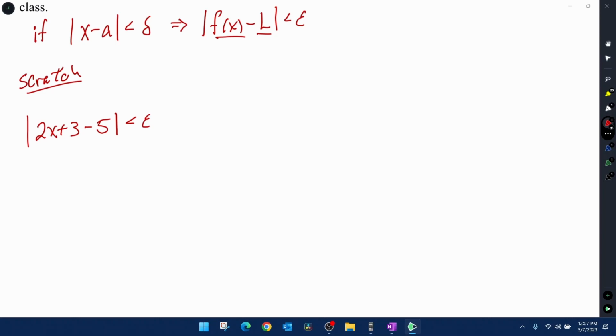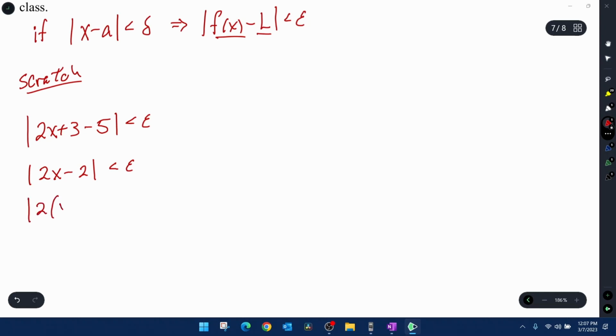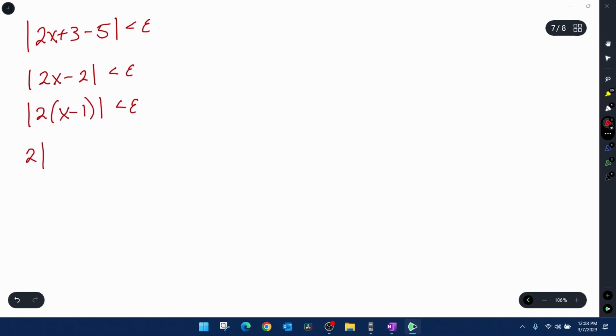So what is 3 minus 5? Can I then factor out a 2? Can I then take the 2 in front of the absolute value? Can I then divide both sides by 2?